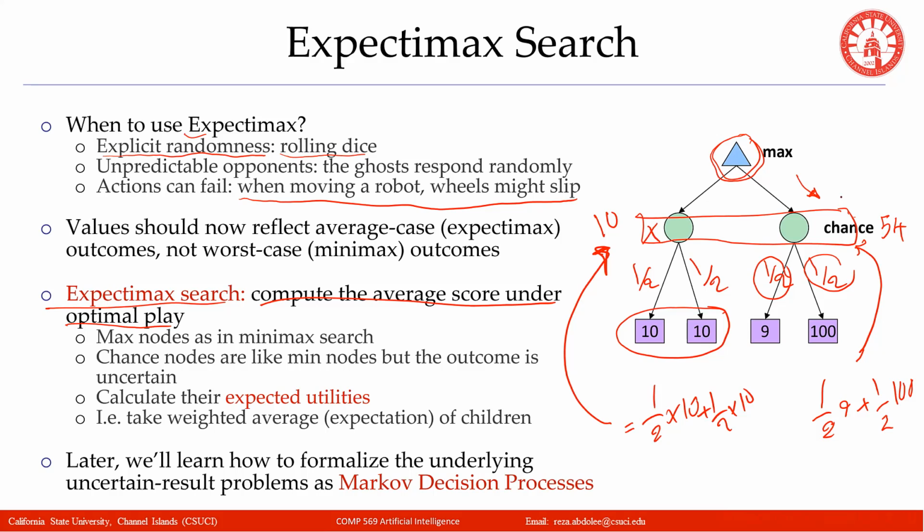But in minimax, it will choose to go to the left. So in minimax, the most that it can achieve is 10, but in expectimax, the max that it can achieve is 54. All right, that's the process for expectimax.